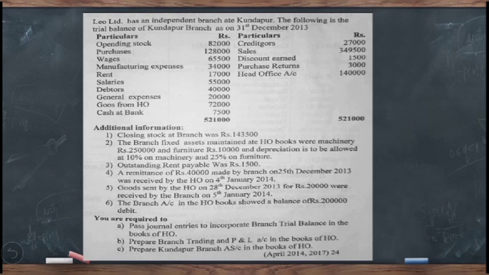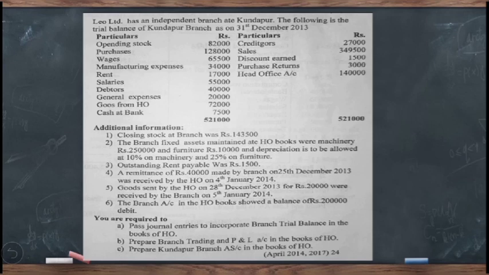In the debit side of the trial balance, they have given opening stock 82,000, purchases 1,28,000, wages 65,500, manufacturing expenses 34,000, rent 17,000, salaries 55,000, debtors 40,000, general expenses 20,000, goods from head office 72,000, cash at bank 7,500.